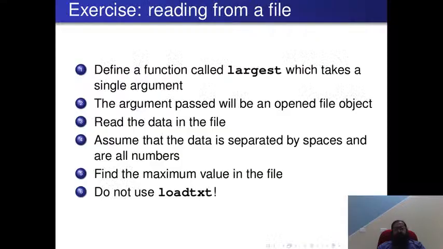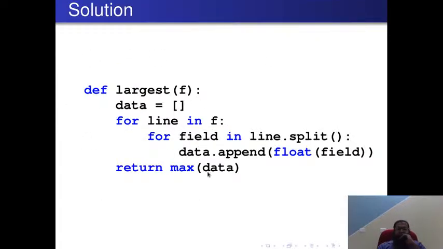Okay. So, going to the next one. This is the solution. Instead of using the list comprehension and instead of using the map, we could have also simply created an empty list called data. def largest(f), where f is the opened file object that we are passing to the function. So, data is an empty list, for line in f, for field in line.split.